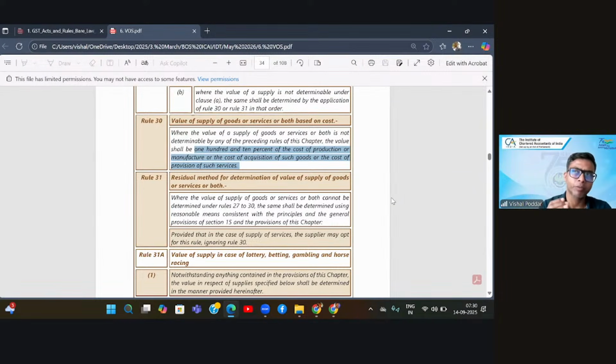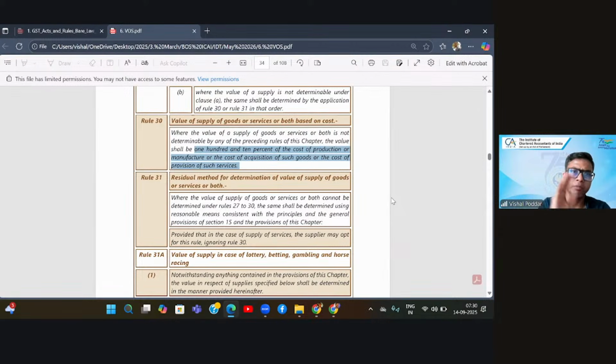Now here it has been provided that this cost of production has to be determined as per cost accounting standards. Like how we have our financial accounting standards, you have cost accounting standards. The cost accounting standard has provided the mechanism of computing cost, and following that mechanism you determine the cost of production.